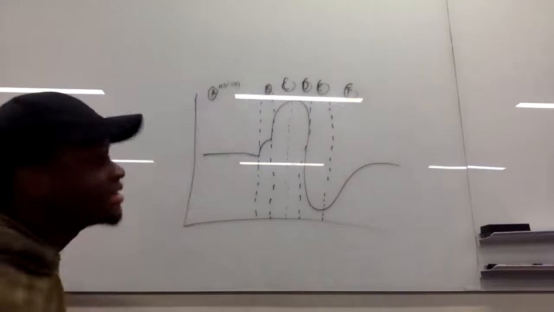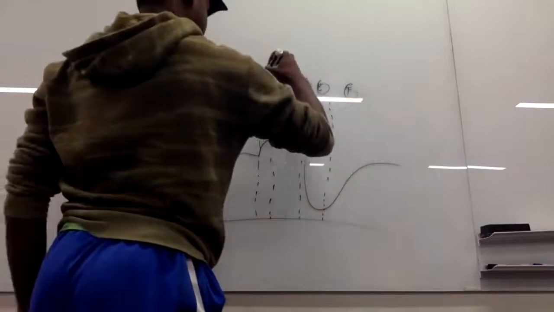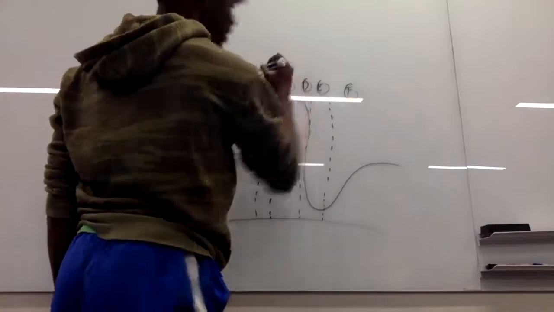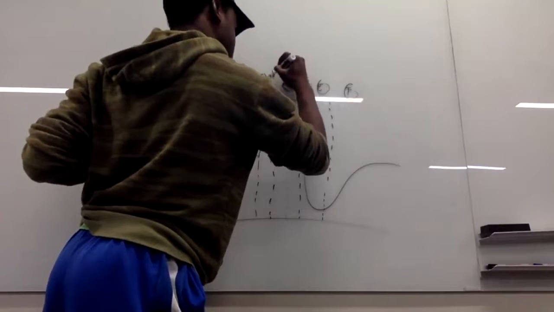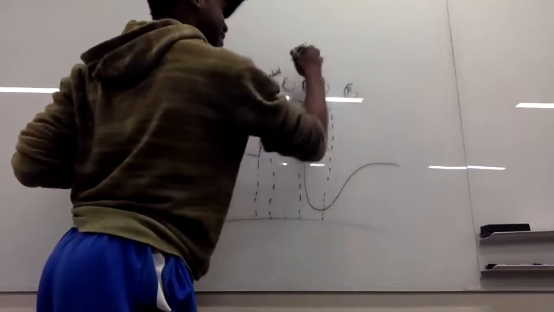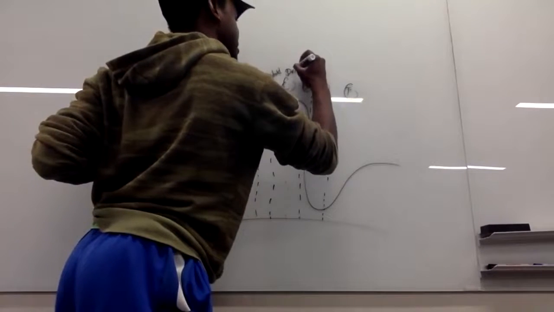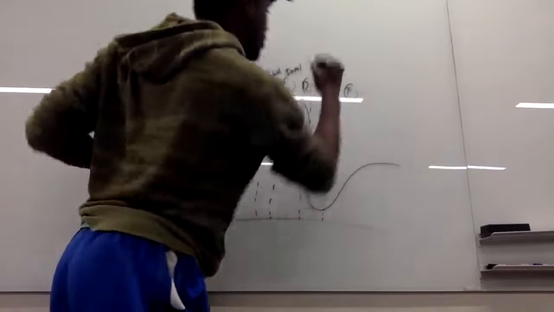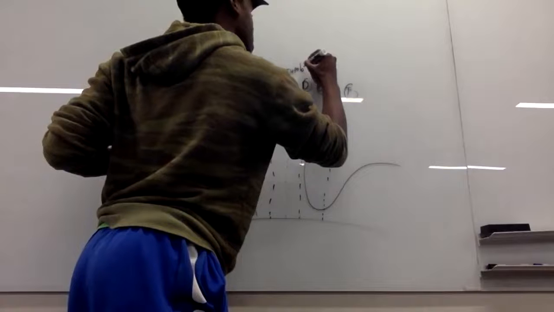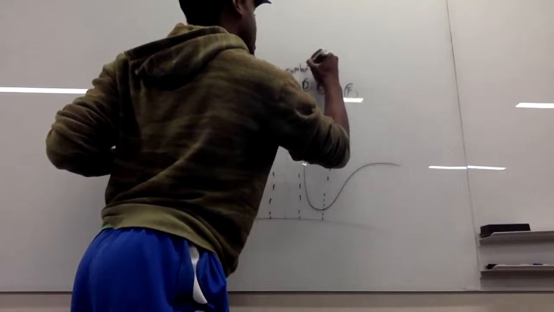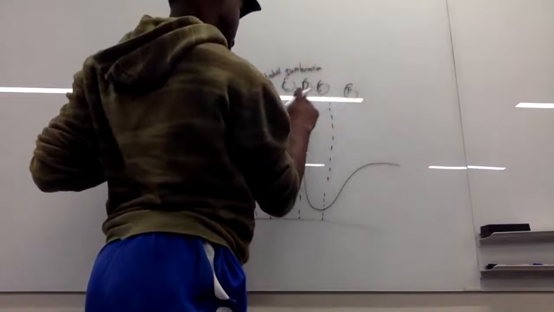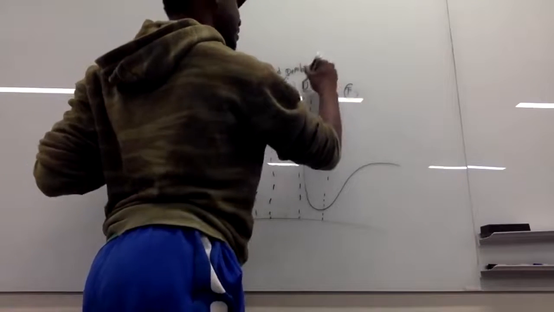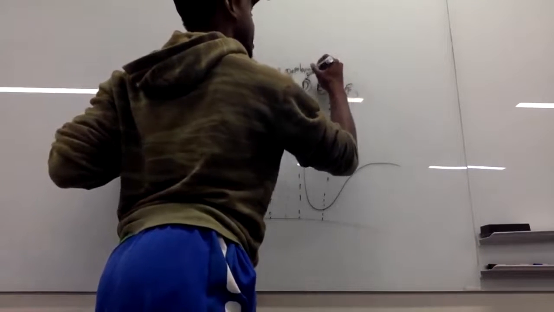So A is resting. B is threshold. C is depolarization. D is repolarization.